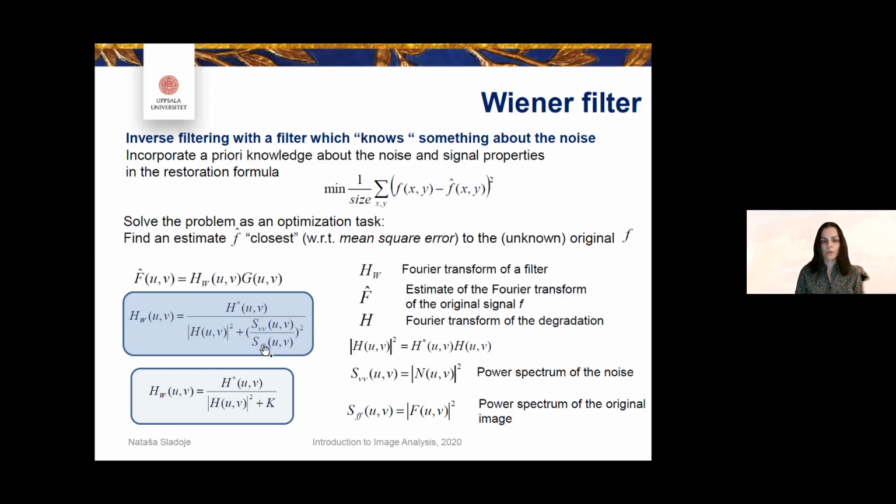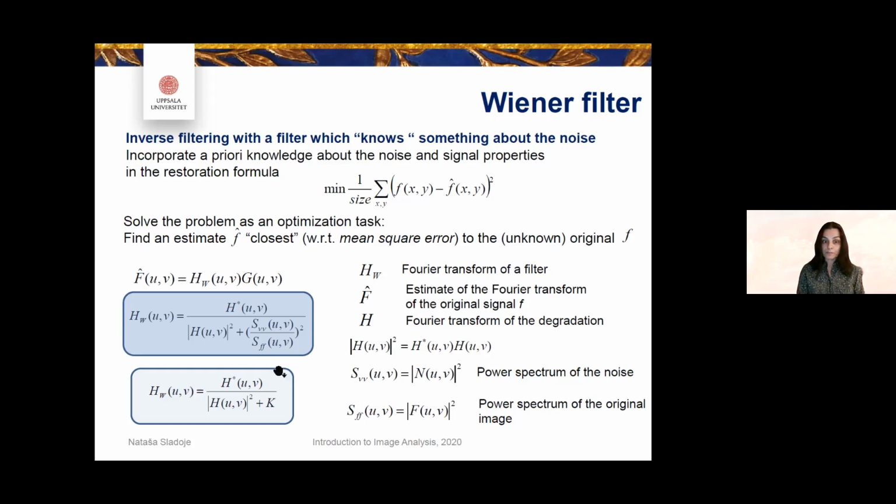The problem actually comes with the need to estimate the power spectrum of the original image, and that is what in principle we do not know. We do not know the original image, otherwise we would not need to restore it. So this ideal Wiener filter, as derived to minimize the optimization function that was defined, has this practical limitation that these two factors are difficult to derive exactly for a given image.